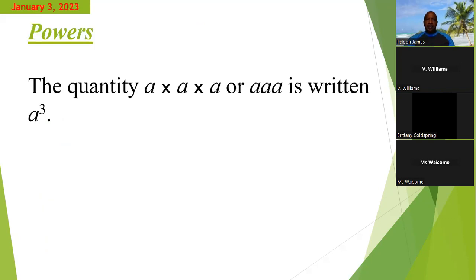All right, now powers. We know that sometimes you work with powers. Another name for power has to do with the index. And by now we should know what our definition of power is.